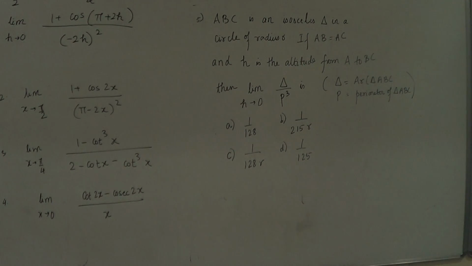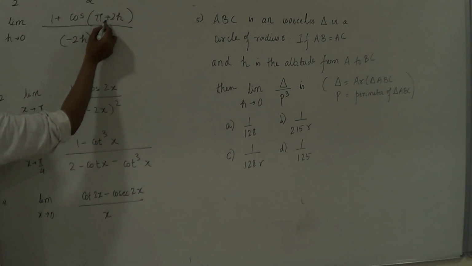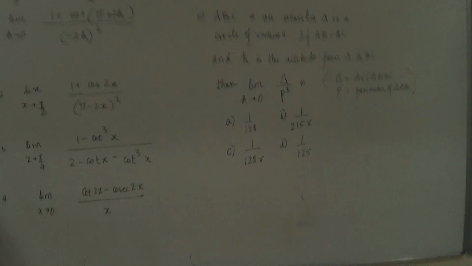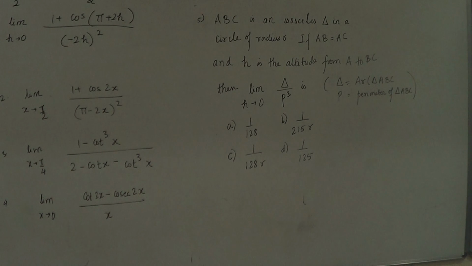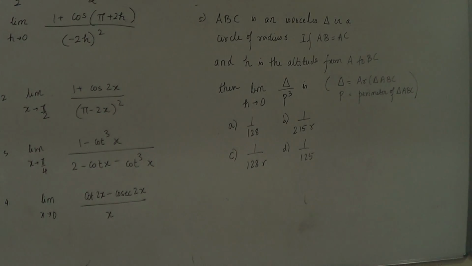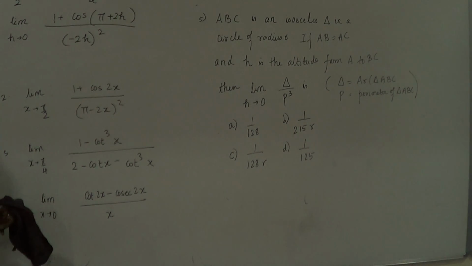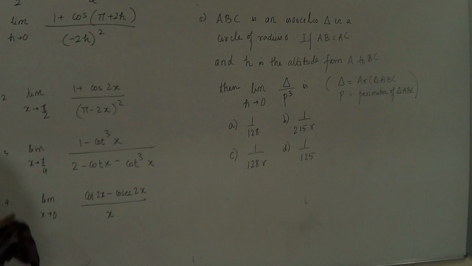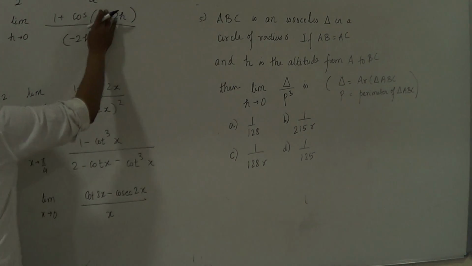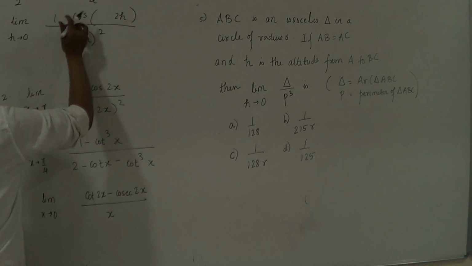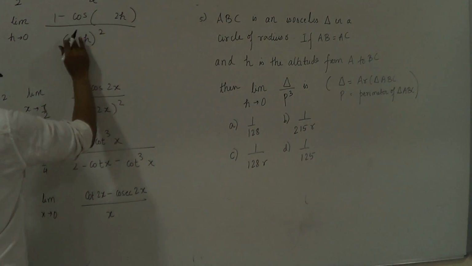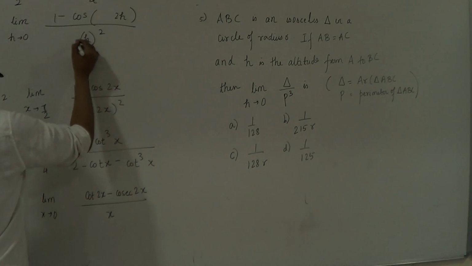Okay. Now, cos pi minus 2h, we all know is. Wait, what is cos pi plus 2h? Substitute. Cos pi plus 2h. Yeah, you prompted, I can see that. I'm not that blind.